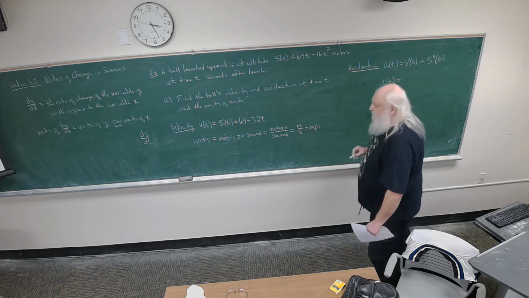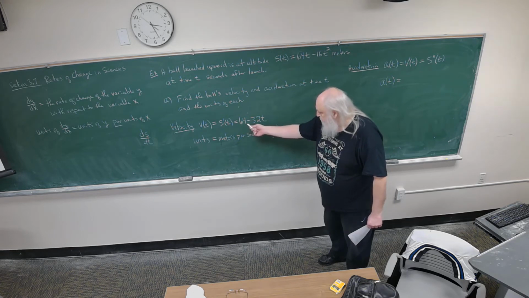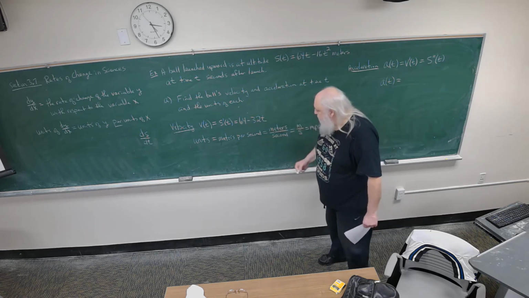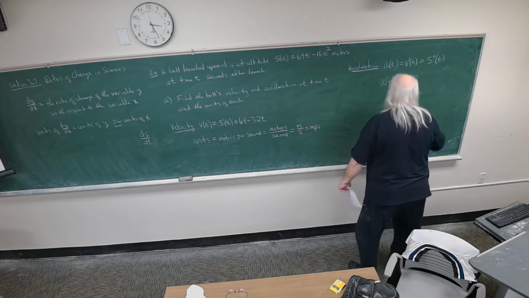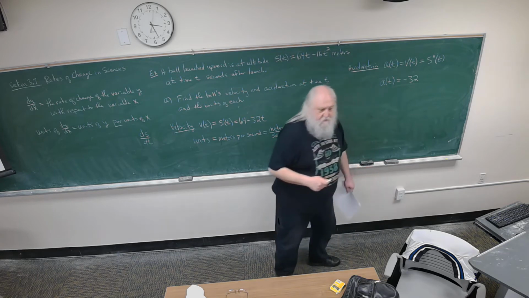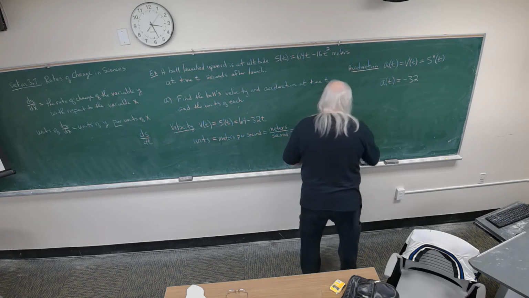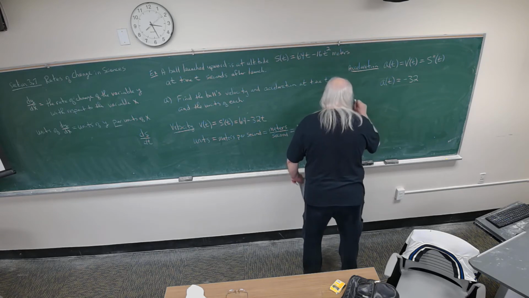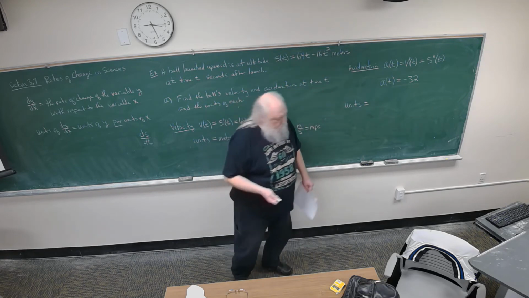The derivative of 64 is 0. The derivative of minus 32t is minus 32. So the acceleration is constant. What are the units? Meters per second squared.